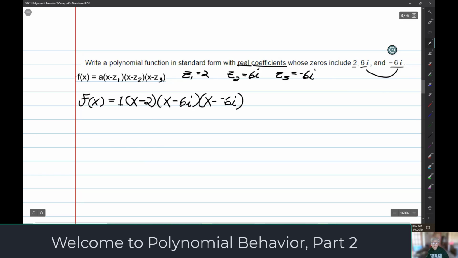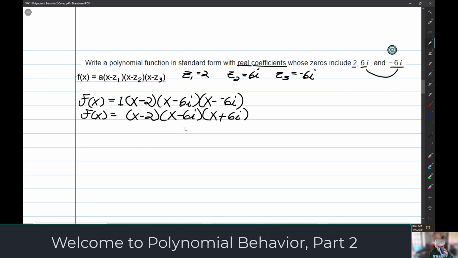And of course, negative times negative is positive, so this will be f of x equals x minus 2 times x minus 6i times x plus 6i. Okay, let's start multiplying.